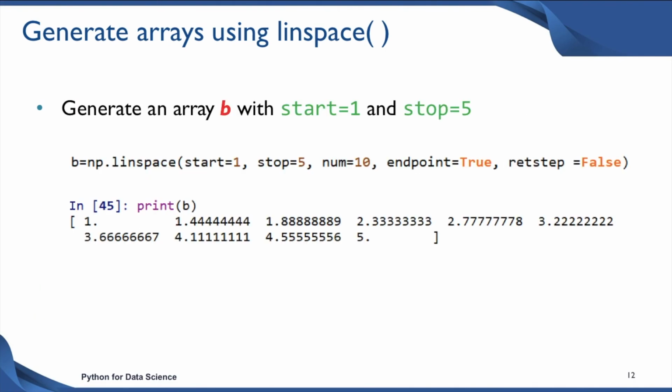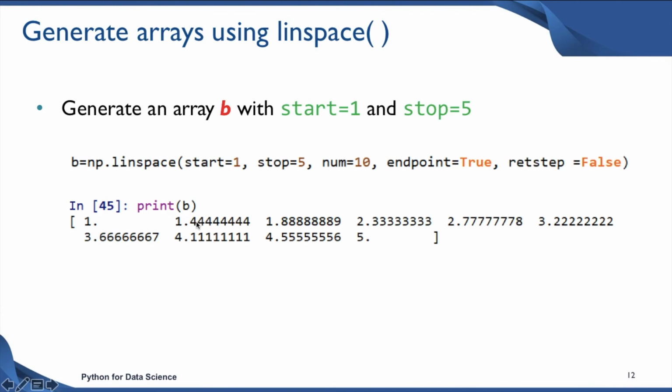For example, we wanted to generate an array B starting from 1 and stopping at 5, but between 1 and 5 we need to generate 10 samples, right? So starting from 1 and ending at 5 we need to generate 10 samples which are equally spaced, right? So these samples have been incremented by some value.